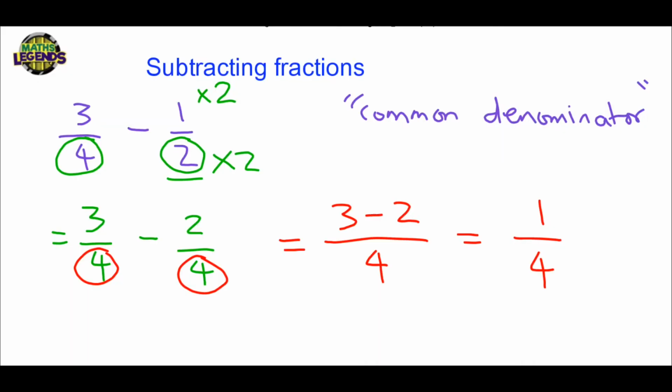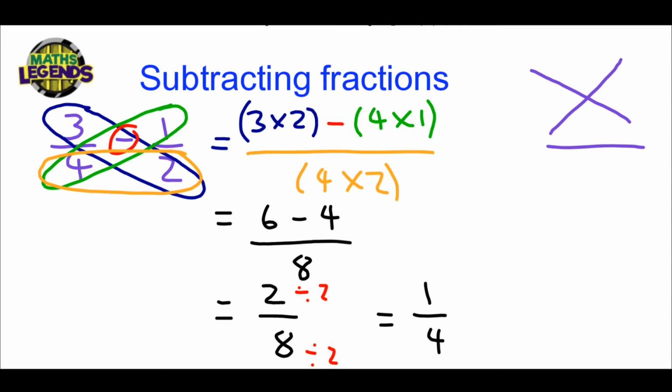Now a point to remember here, if I had a positive sign here, so that was a plus, then essentially all I do is just change all the minuses to a plus. And my answer would be 5 over 4. So 3 plus 2 is 5. Now, in this approach, if the symbol in the middle was a plus instead of a minus, we'd simply change everything to a plus.